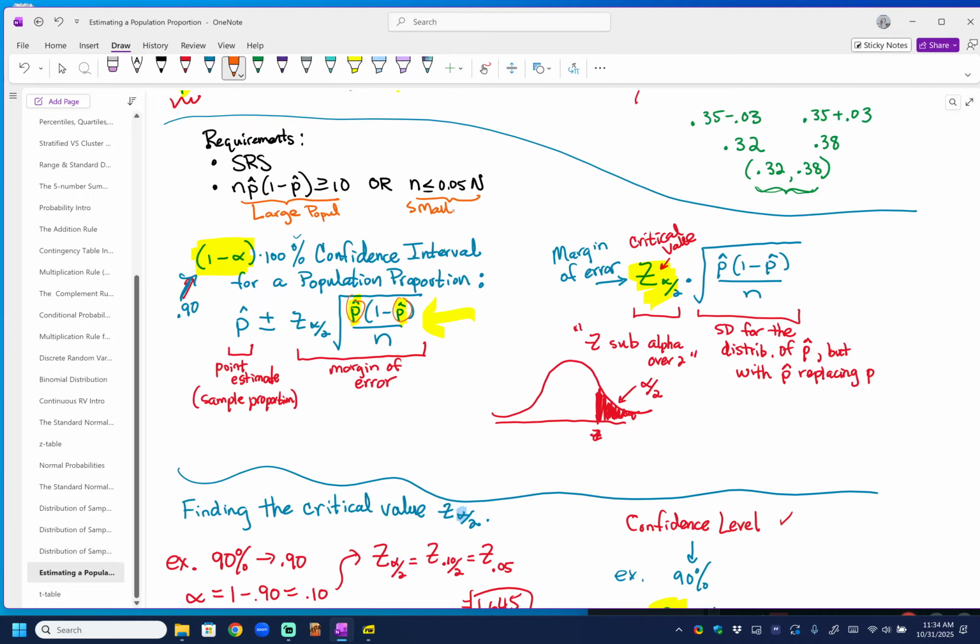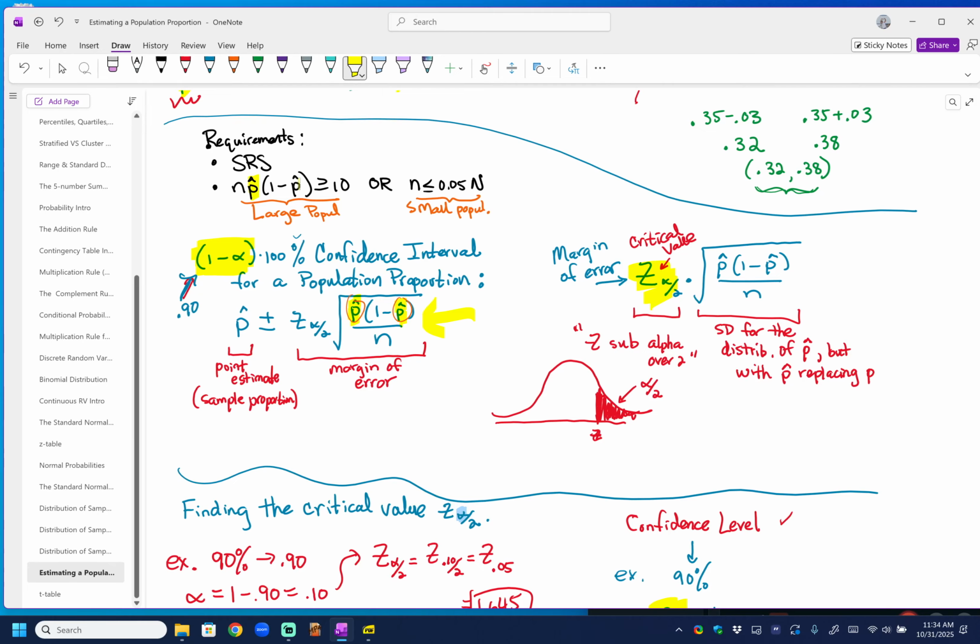I'll explain. So the first one should be familiar to you. It looks a lot like the normality requirement for sampling distributions of a sample proportion. It's almost identical, except that the population proportion P that was in the formula here and here is replaced by P hat.